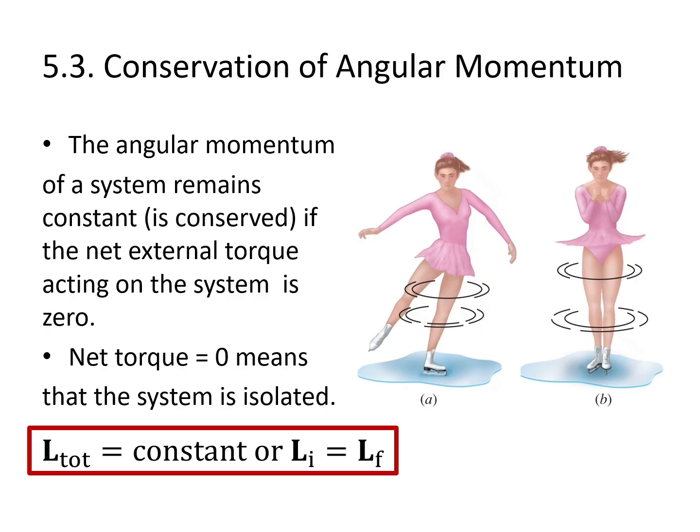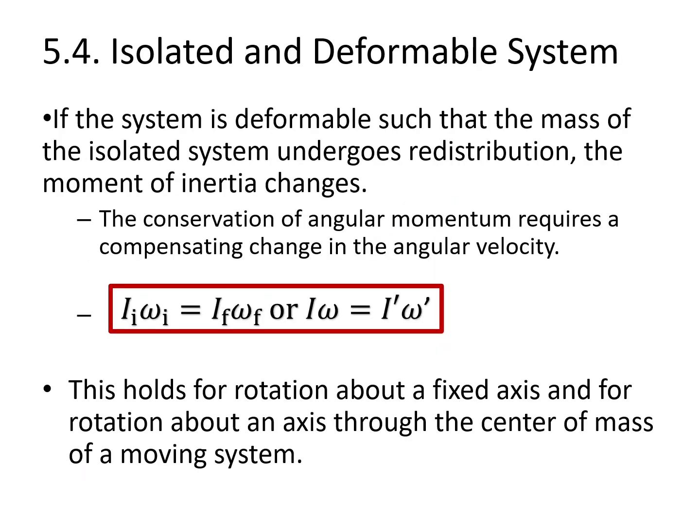So when her spin rate changes, something else must change in the opposite way. That quantity is her moment of inertia. To see how angular momentum can stay constant while speed changes, we need to discuss deformable systems. A system can be isolated from external torque but still be deformable.